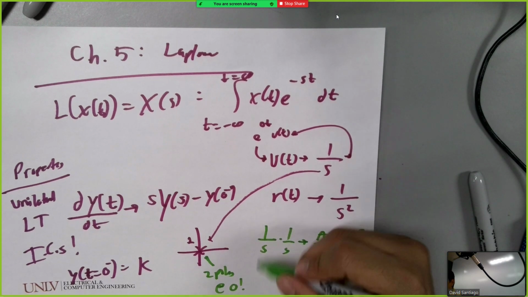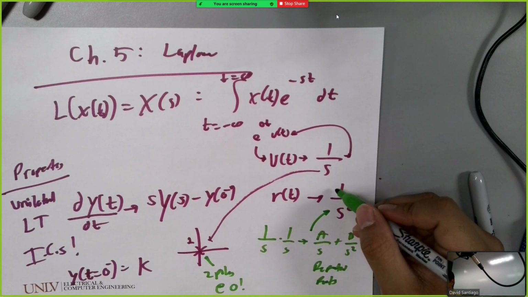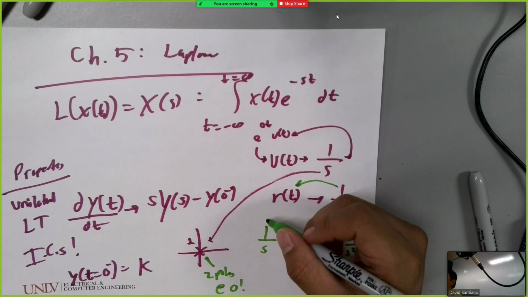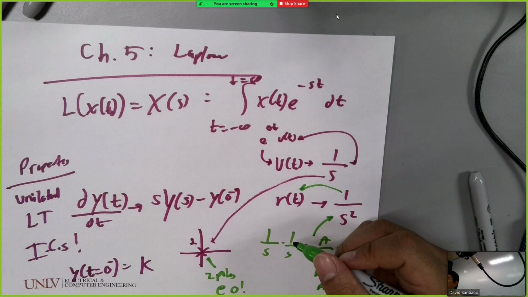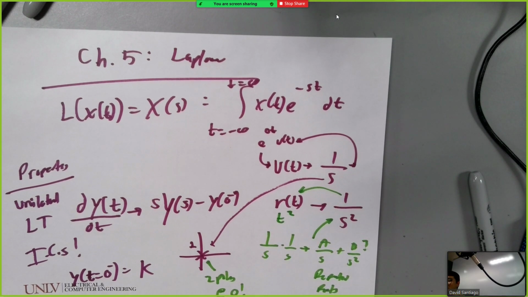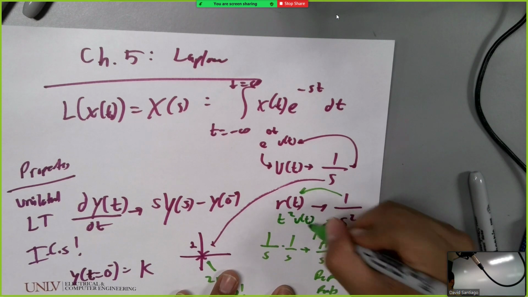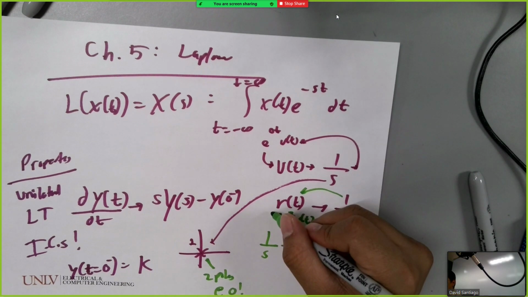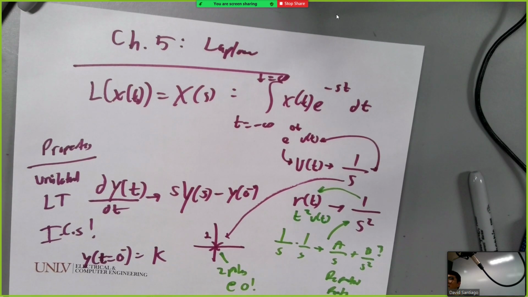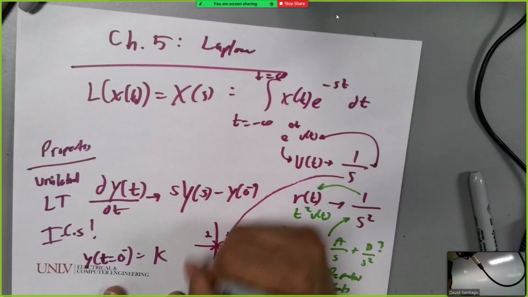This will eventually get you the ramp function, which is equal to the convolution. How do you generate it? It was like t squared or something like that. That's all I remember: t squared u of t. Or is it 1/2? I don't remember. But you know what I mean, right? Simple stuff like that. You can analyze poles.